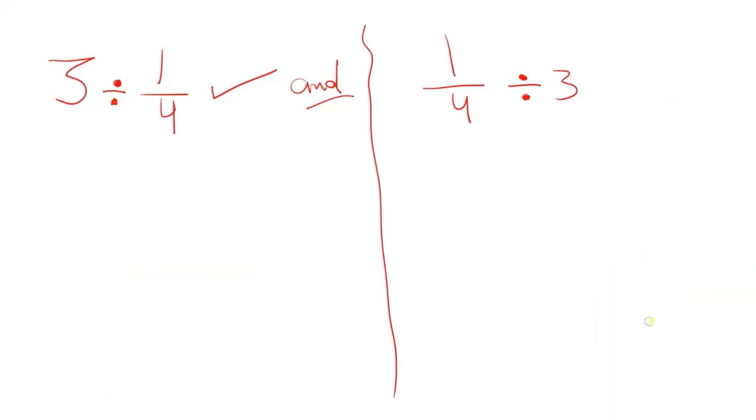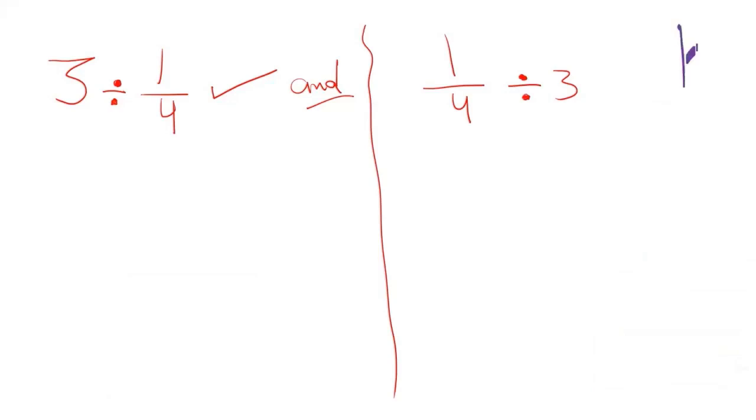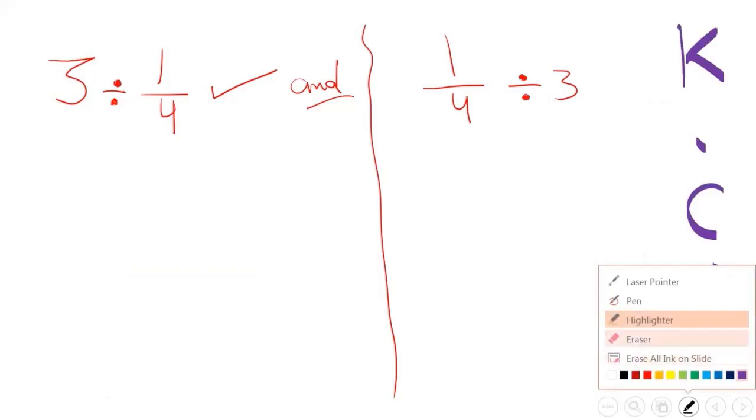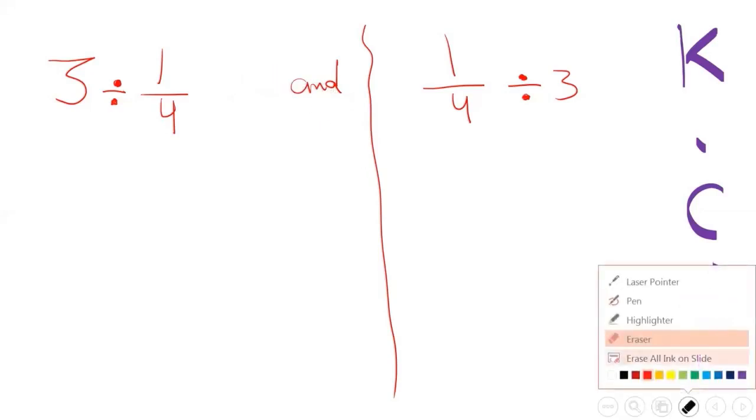We mentioned it in the previous lesson: Keep, change, flip. Every time I will use this method in dividing fractions and whole numbers and so on. But don't forget our lesson today is about the word "and", not "by".